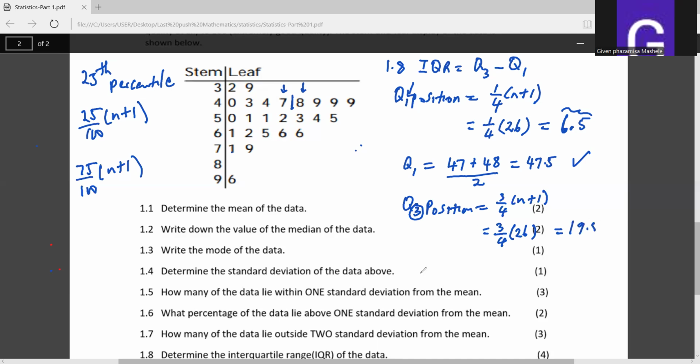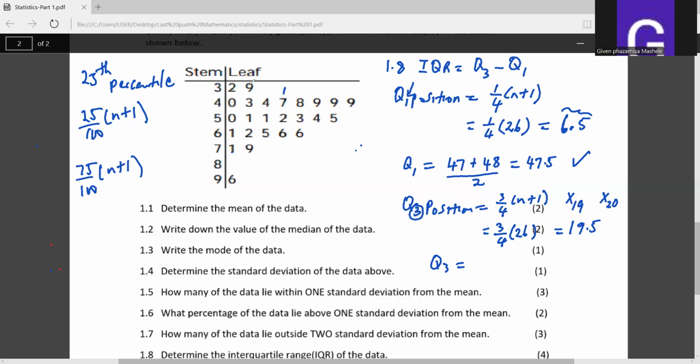This means quartile 3 is between position 19 and position 20, because it says 19.5. So we count up to positions 19 and 20. Remember, this one is number 6 here.